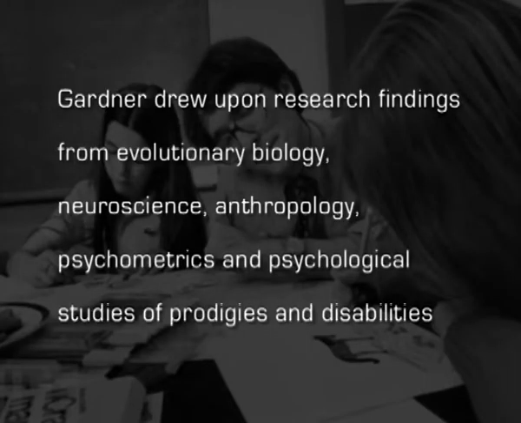Accordingly, in developing MI theory and its broader characterization of intelligence, Gardner drew upon research findings from evolutionary biology, neuroscience, anthropology, psychometrics, and psychological studies of prodigies and disabilities. Through synthesis of relevant research across these fields, Gardner established several criteria for identification of unique intelligence.